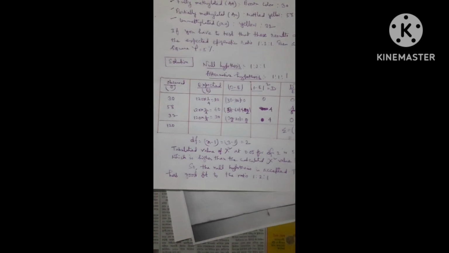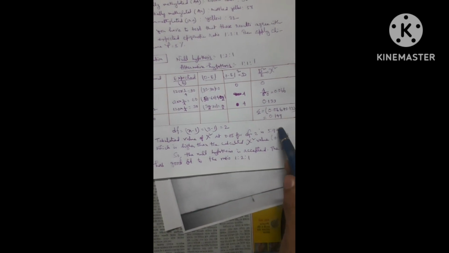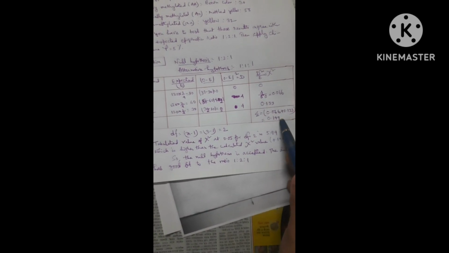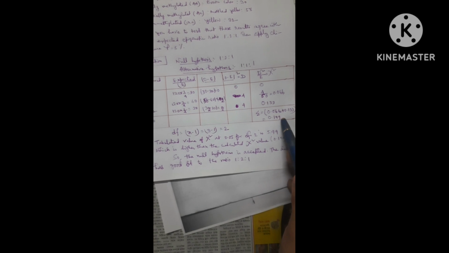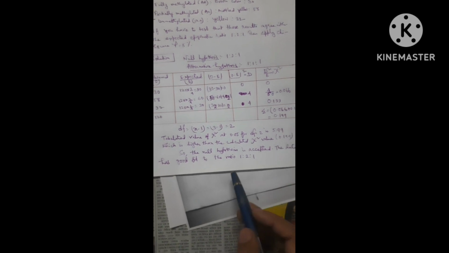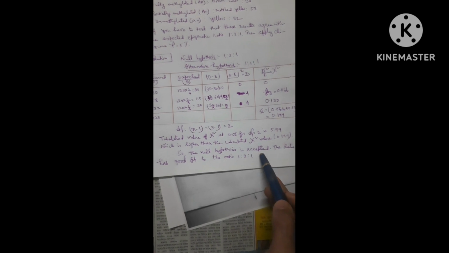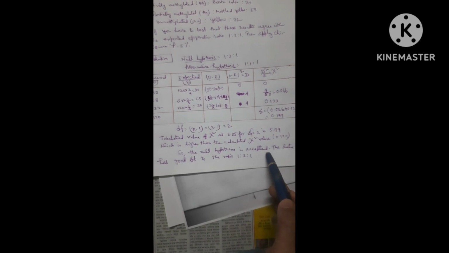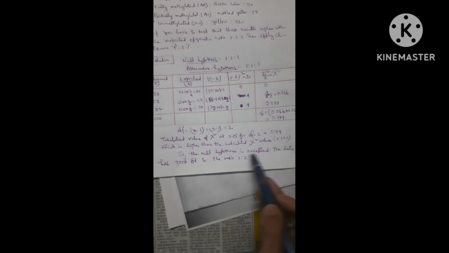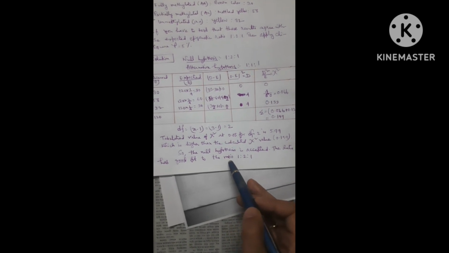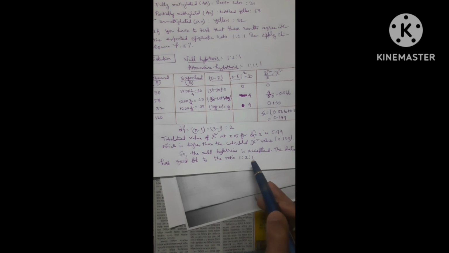So 5.99 is the tabulated value. And your calculated value is much lower, 0.199. So the null hypothesis is obviously accepted and the alternative hypothesis is rejected. So that means the data of the geneticist has good fit to the epigenetic ratio 1:2:1.